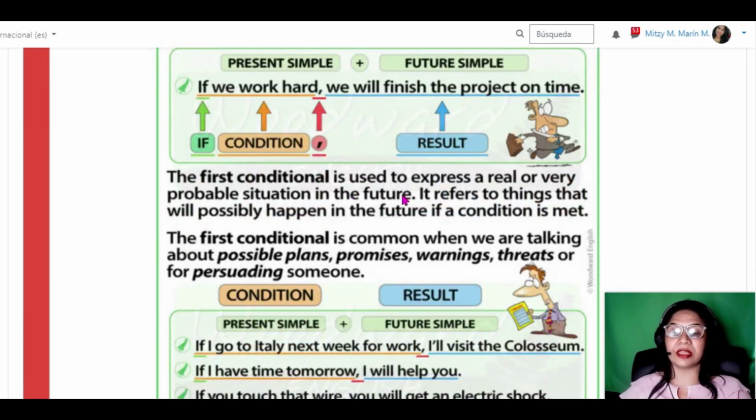The first conditional is used to express a real or very probable situation in the future. It refers to things that will possibly happen in the future if a condition is met. The first conditional is common when we are talking about possible plans, promises, warnings, threats, and for persuading someone.